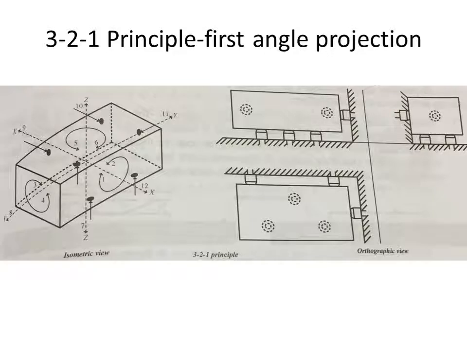This principle is called the 3-2-1 principle for locating. In the first figure you can see an isometric view with all the three axes marked, and there are three linear axes x, y, and z.